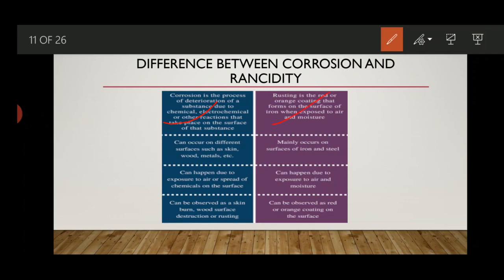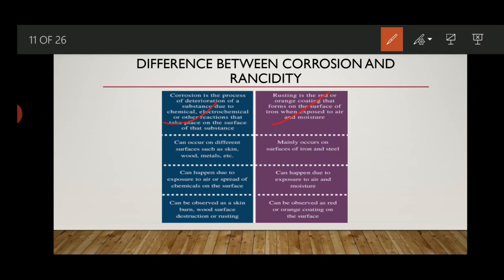Here we are discussing the difference between rusting and corrosion. Rusting is basically an example of corrosion only. Corrosion takes place on matter with the help of air, water, moisture and some other chemicals also. But rusting always takes place with the help of air and moisture, not with any other chemical.